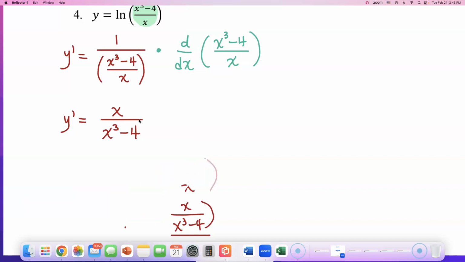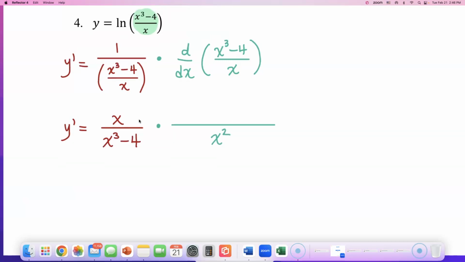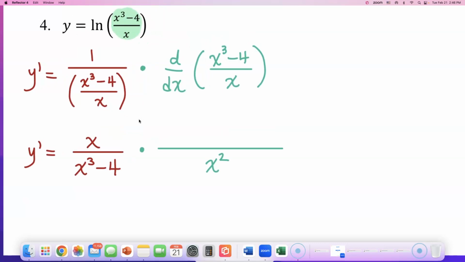Now let's go work on that green quotient rule example, okay? So I'll do the quotient rule on the same line, okay? When you do the quotient rule, it's g squared in the bottom. So g being the original denominator, I'm going to say x squared for the denominator. And let's do the numerator.